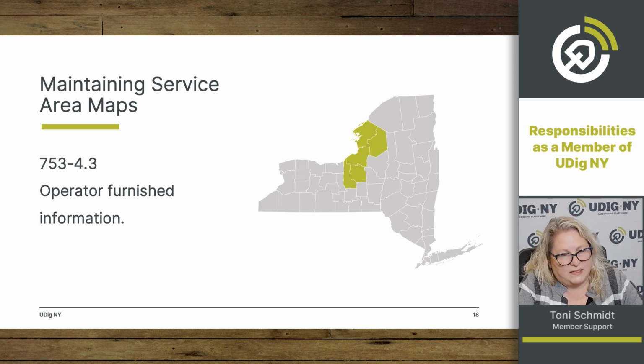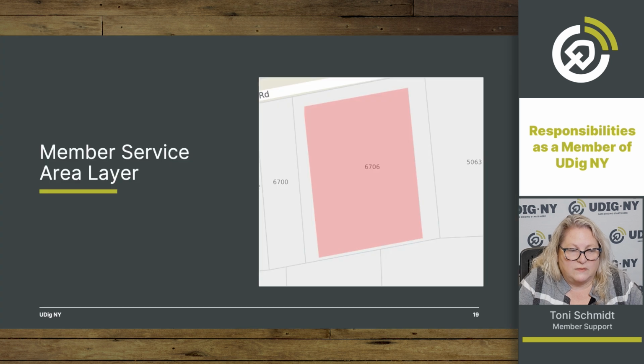Another important responsibility of a member is maintaining their service area registration map. Maintained maps not only prevent damage, but they can also save members time and resources. Let us review the purpose of the service area map and how it works.